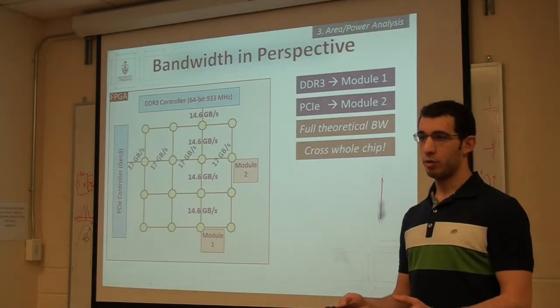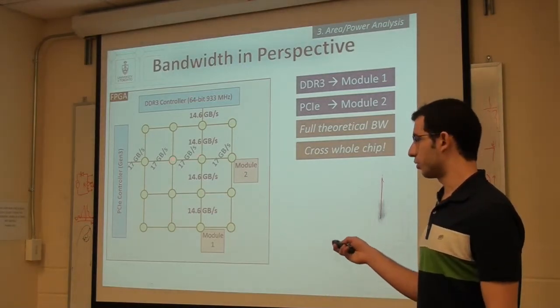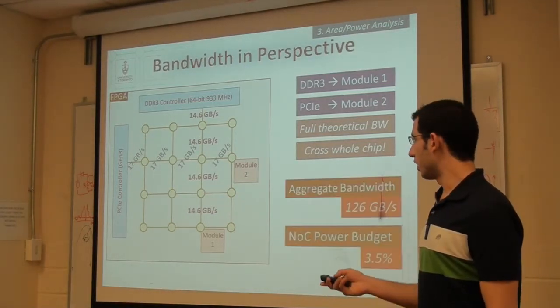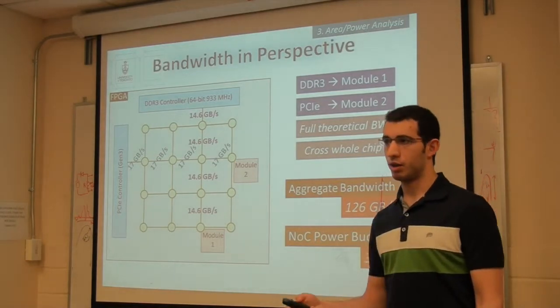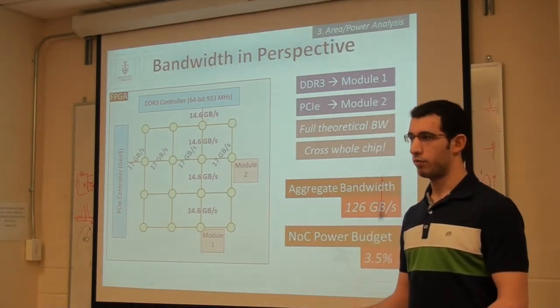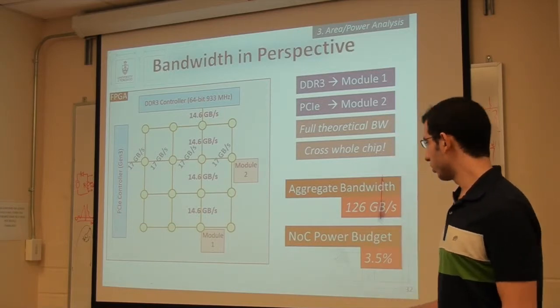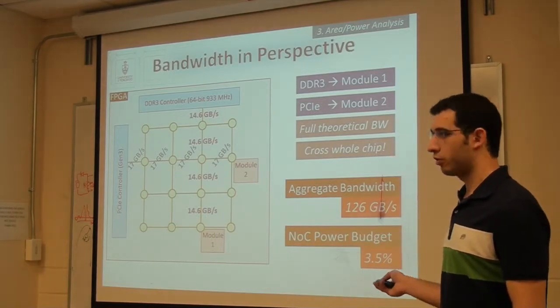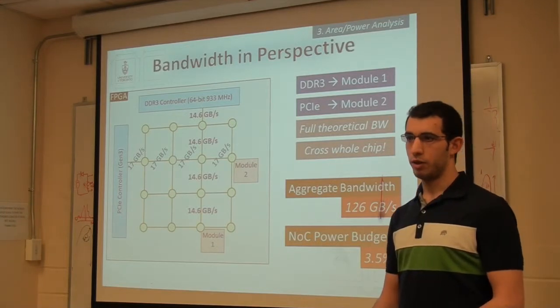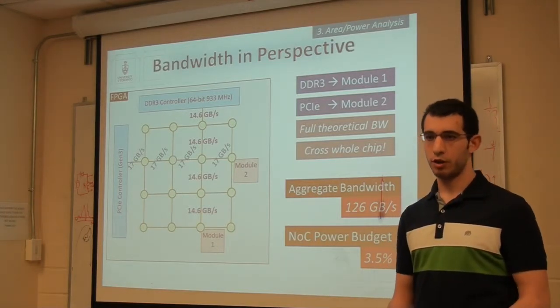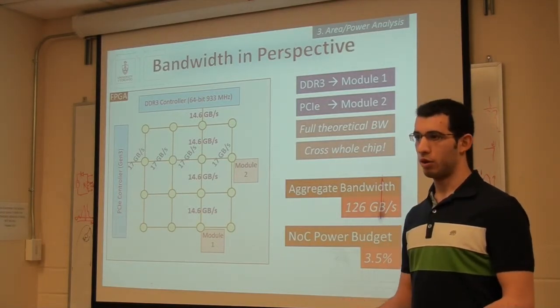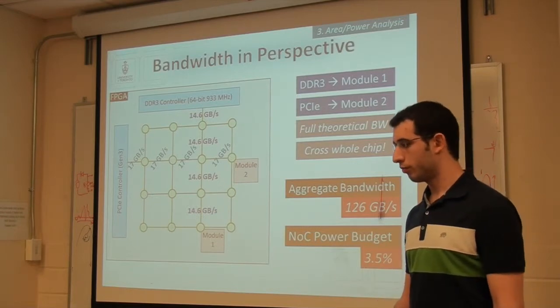The aggregate bandwidth, computed by adding all those numbers together, is 126 gigabytes per second. So that's half of what I reported before. Our most efficient NOC would use 3.5% of the dynamic power budget that we have available to move that bandwidth on the NOC.